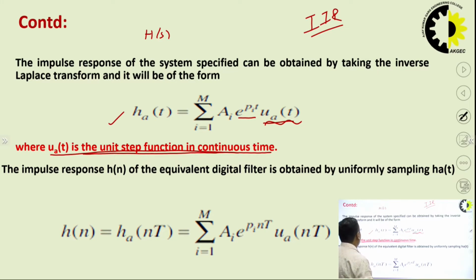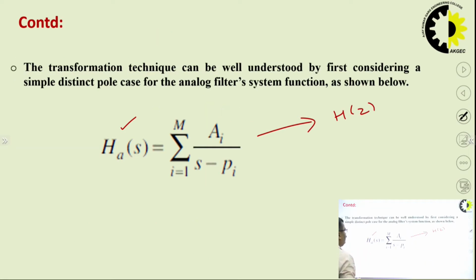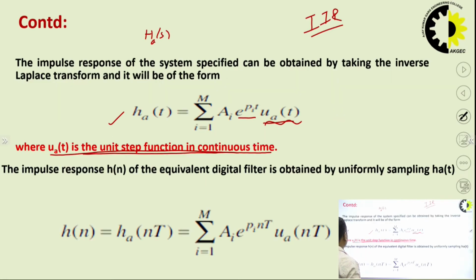I am taking the inverse Laplace transform of Hs, which I defined earlier, so I am getting small h of t. In the second step, what you have to do?